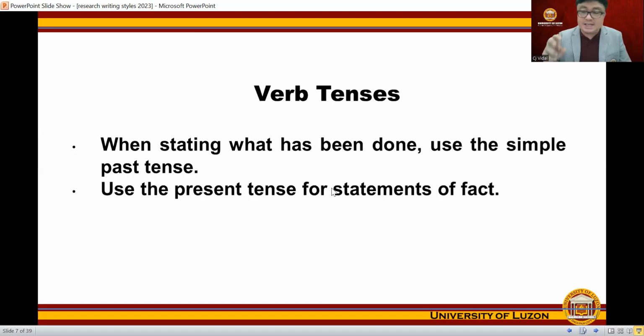For example, if we account for the meaning of something, then we usually have it in the present tense. For example, we say entrepreneurship is, or development education is. So that's for verb tenses.